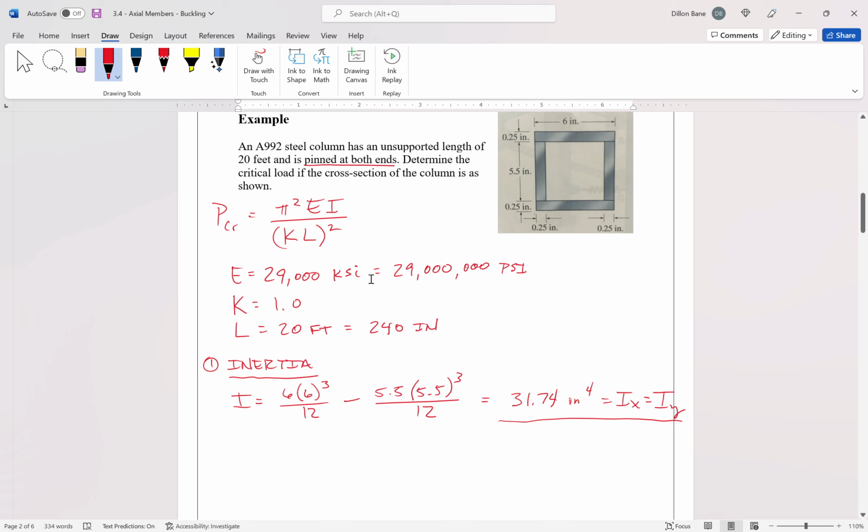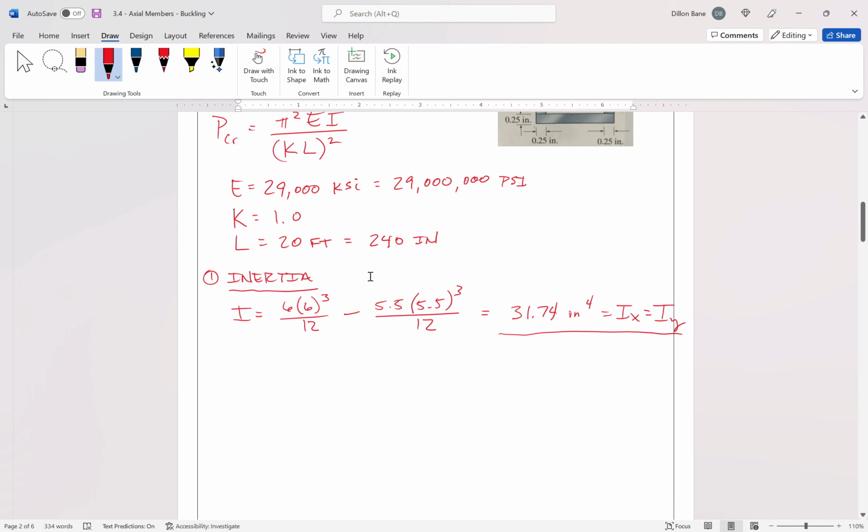So we've got E, I, K, and L now. We've got all the variables figured out. Let's just plug it into our equation and figure out what the critical load is. All right, so P sub critical is equal to pi squared, and our next variable is the modulus of elasticity.